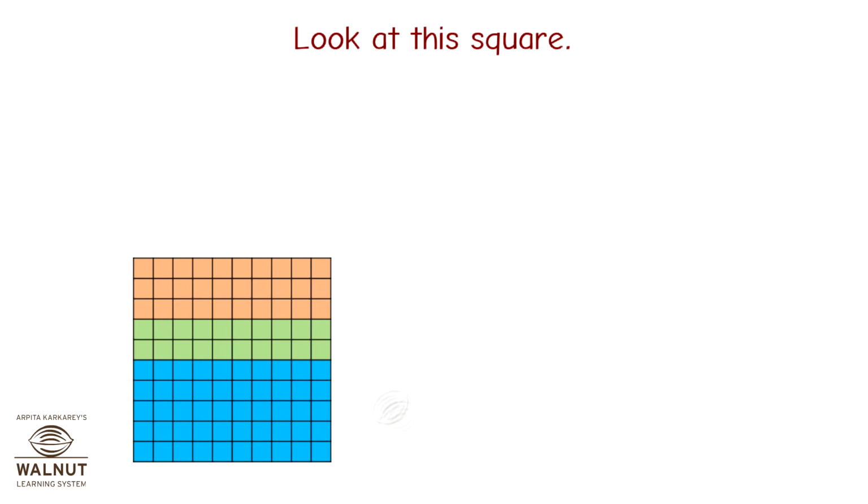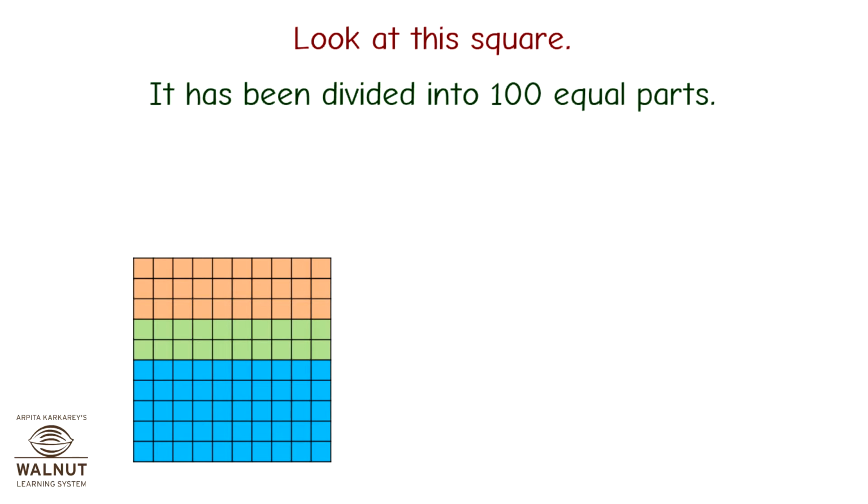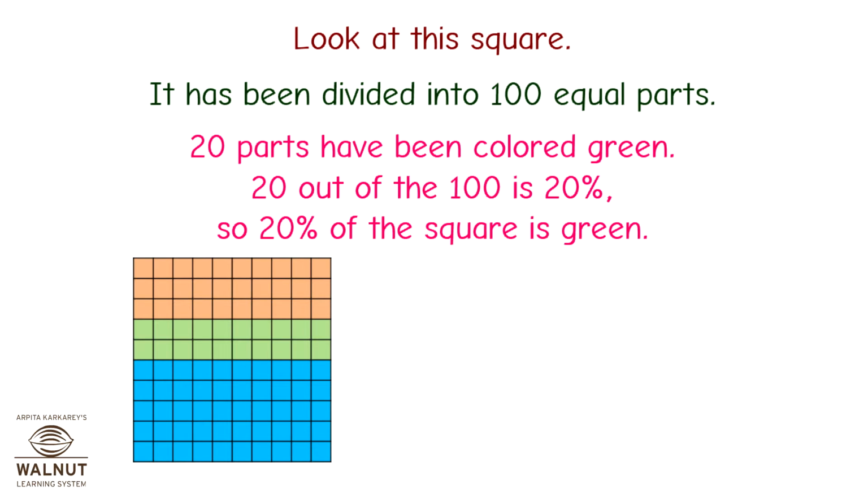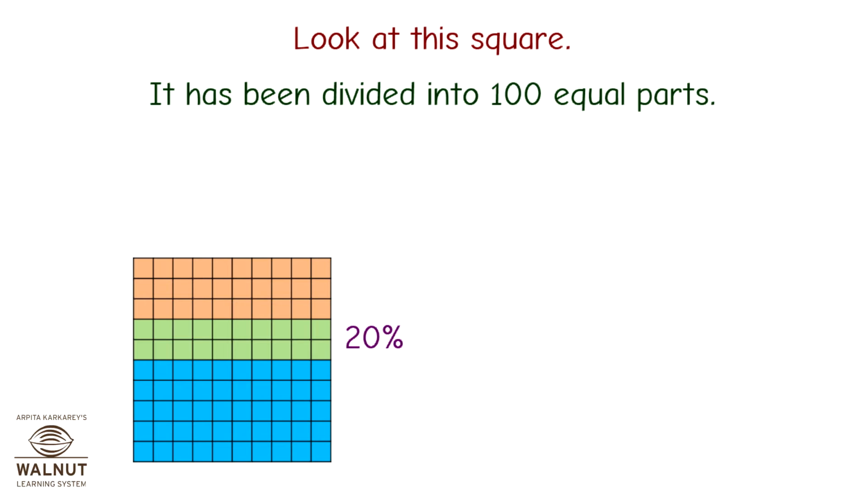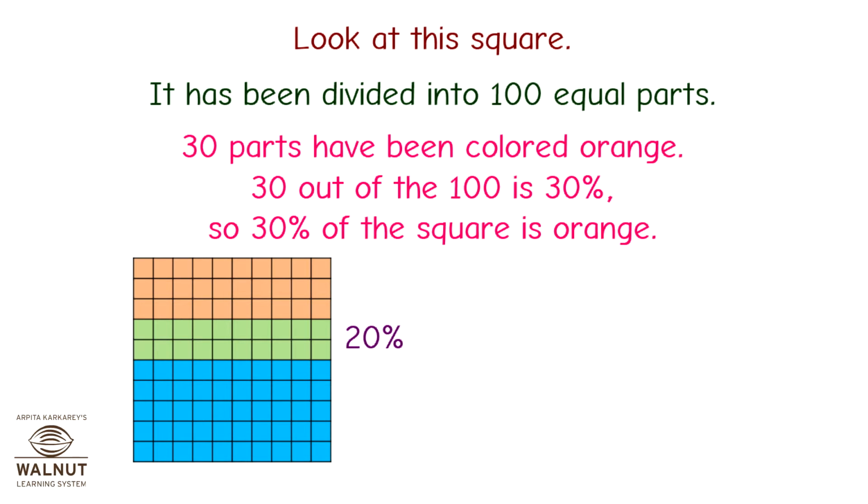Look at this square. It has been divided into 100 equal parts. 20 parts have been colored green. 20 out of the 100 is 20%. So 20% of the square is green. 30 parts have been colored orange. 30 out of the 100 is 30%.